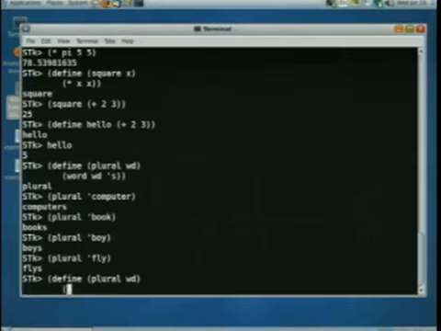So what's different about fly? It ends in a Y. Equal, question mark. Equal question mark is a built-in predicate function. A predicate is a function that returns the value true or false.